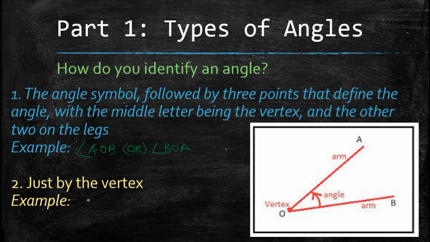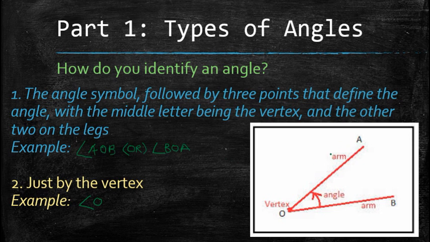Okay, and sometimes, if you'd like to, you can name it by just using the vertex, which is point O. So angle O. You would never say angle A or angle B unless those were, of course, the label of the vertex. And you notice here I've used AOB, but those will vary given the specific examples that you're given.